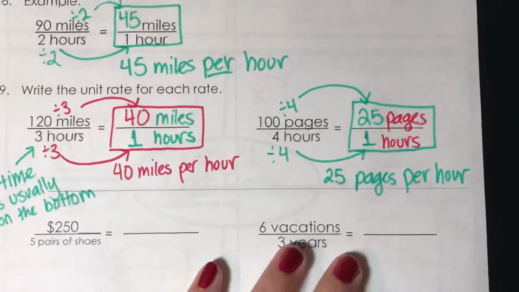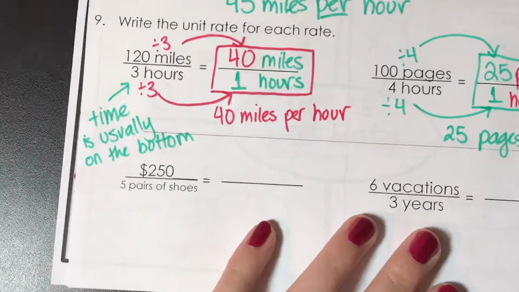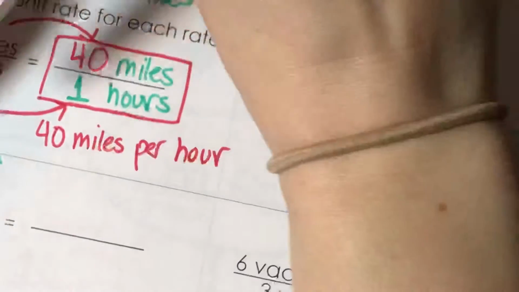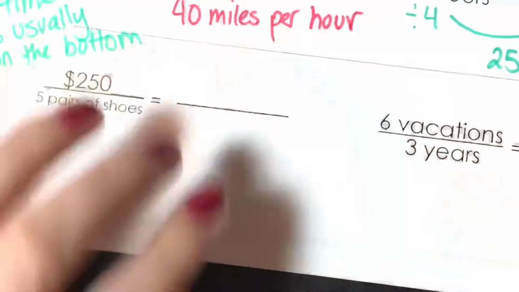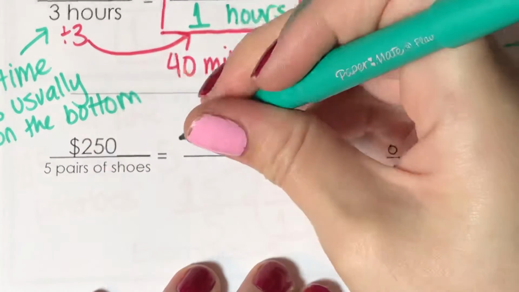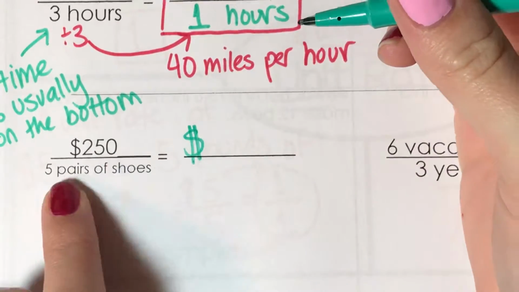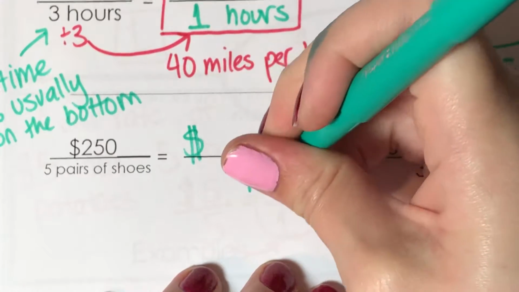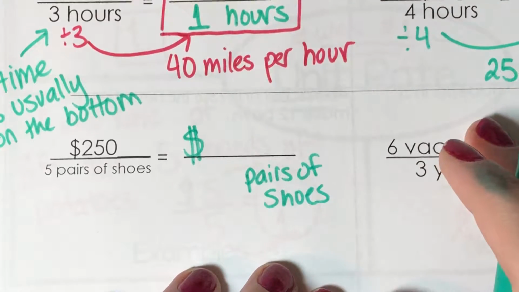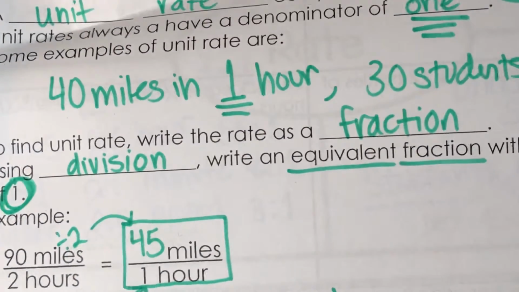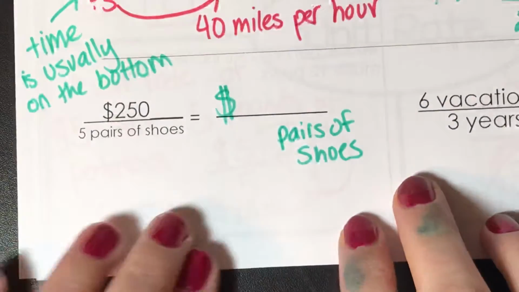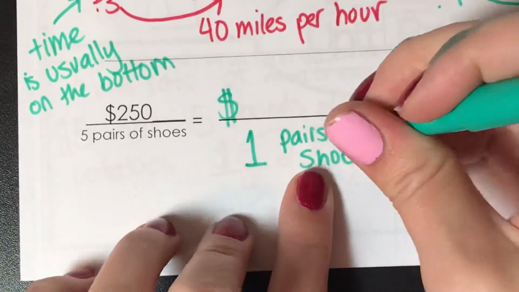All right, let's do 2 more. $250, oops, sorry, for 5 pairs of shoes. So my unit is money. Money's still going to stay on the top. And my unit on the bottom is pairs of shoes. Because I'm talking about a unit rate, I need to make a fraction with a denominator of 1. So right away, this should be 1 pair.